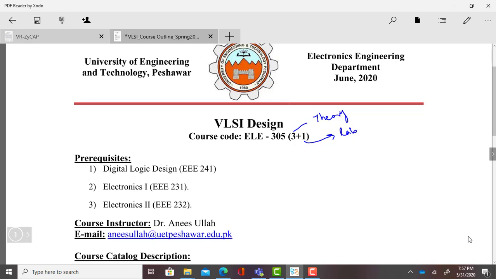VLSI means very large scale integrated circuits. It refers to the kind of electronic circuits that you can find inside, for example, a microprocessor or a microcontroller. These are very large scale integrated circuits.